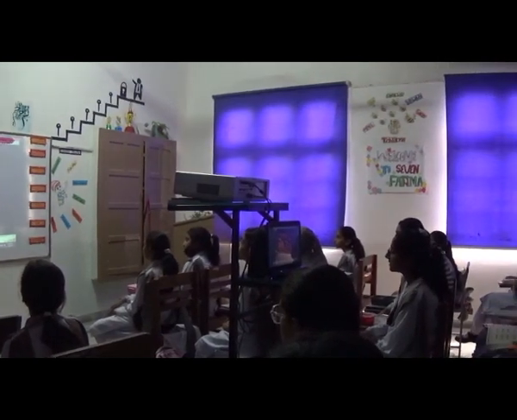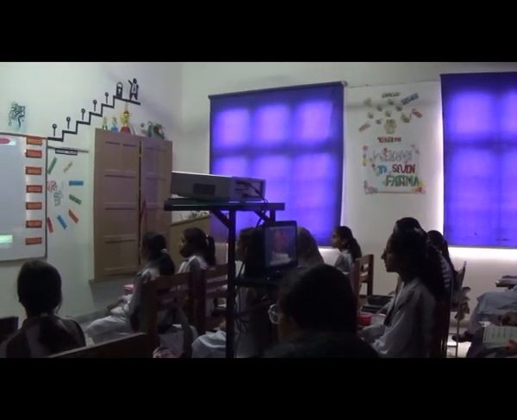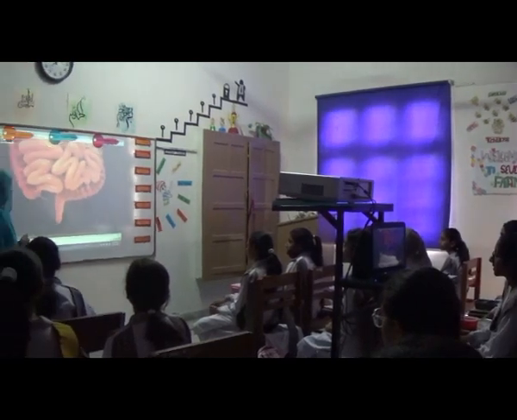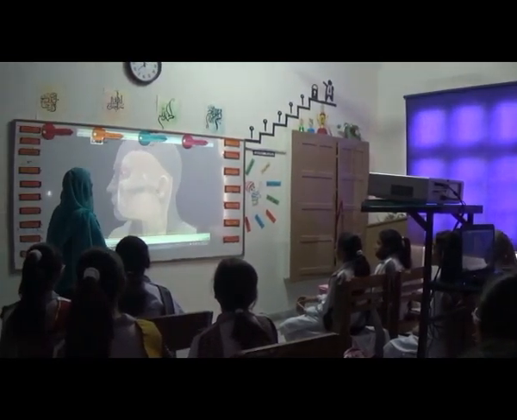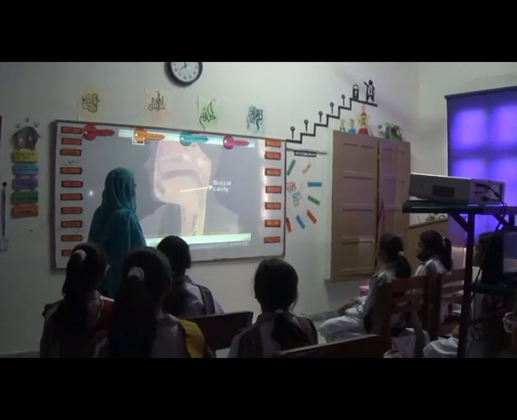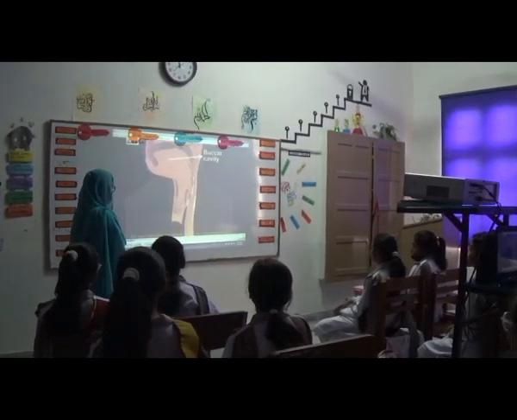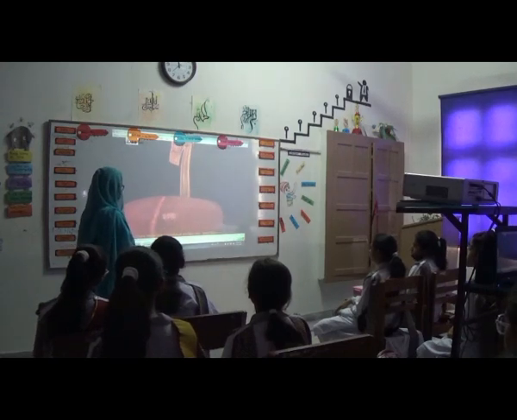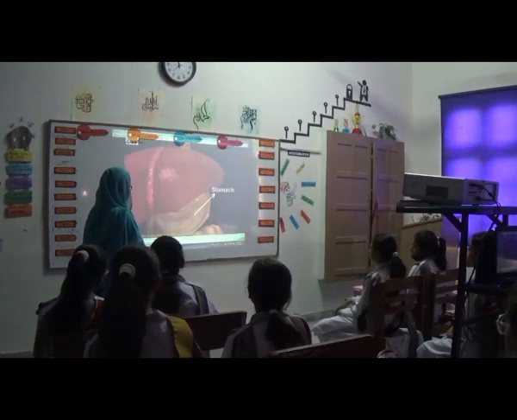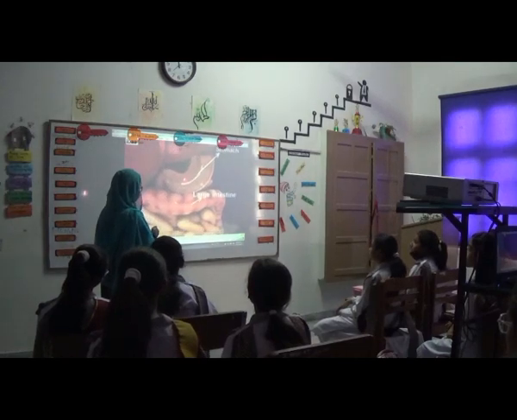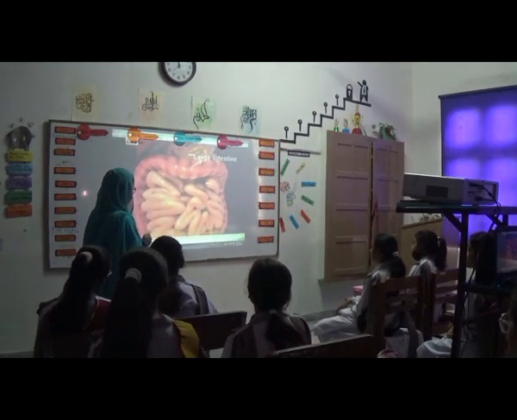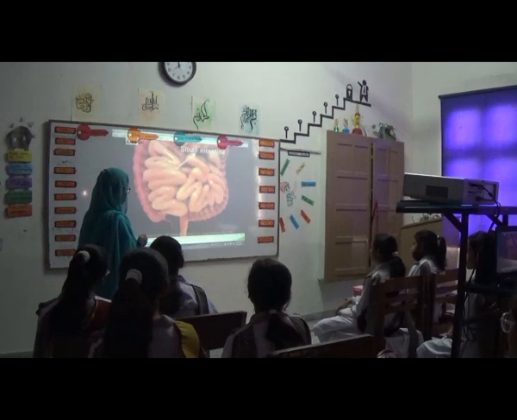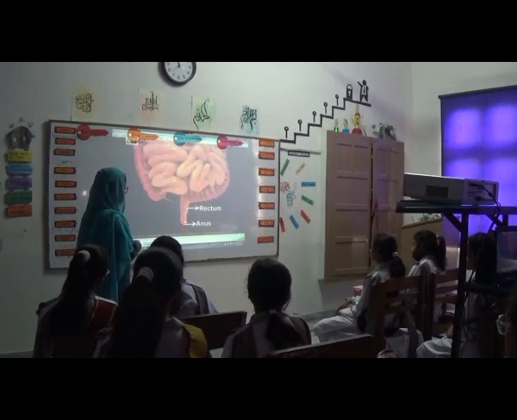This canal is called the alimentary canal or the digestive tract. The parts of the alimentary canal are the buccal cavity, also called the oral cavity, esophagus, large intestine, small intestine, rectum, and anus.